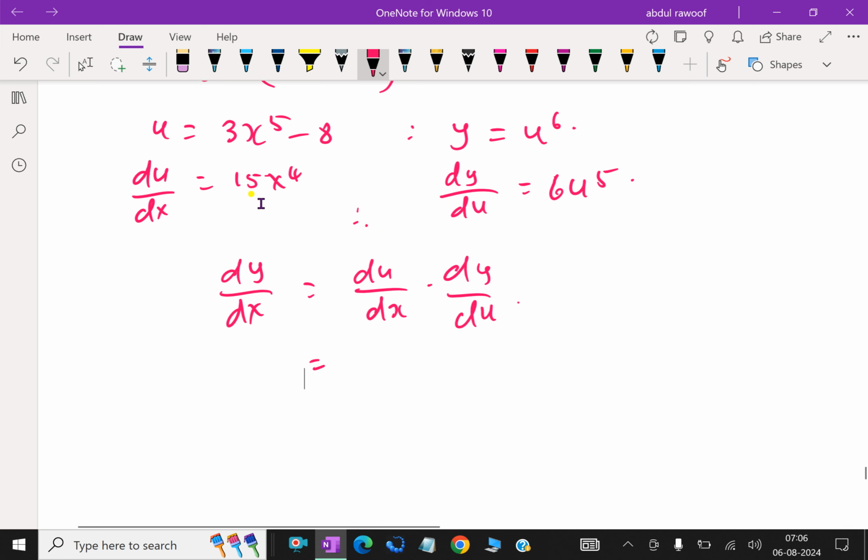Du by dx is 15x power 4 into dy by du is 6u power 5. U is already 3x power 5 minus 8, so 6 into (3x power 5 minus 8) power 5.